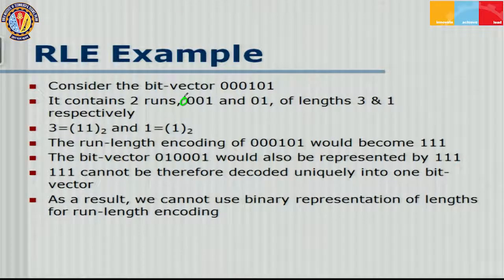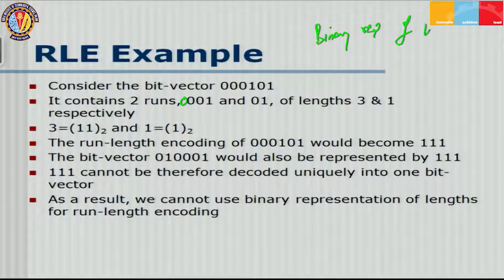If I just use the binary representation of i, let us see what happens. These two ones correspond to the first run, and let me change the color so that you understand clearly, and the 01 is represented by 1. So in all, 6 bits are represented by 3 bits. So I am doing 50% compression.